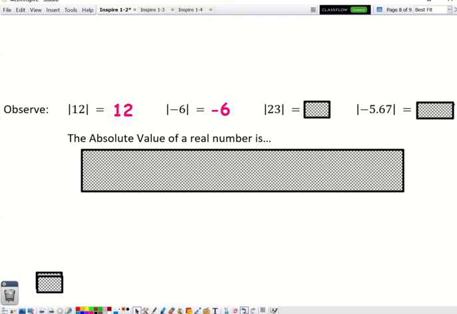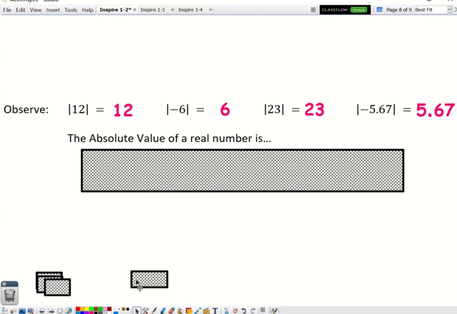What in the heck? Who put that there? It's just 6, man. And the absolute value of 23 is 23.